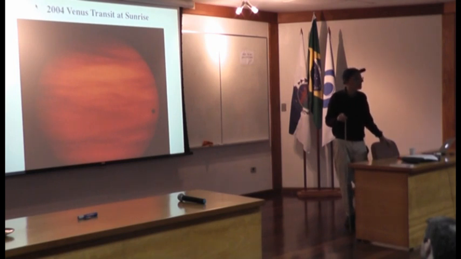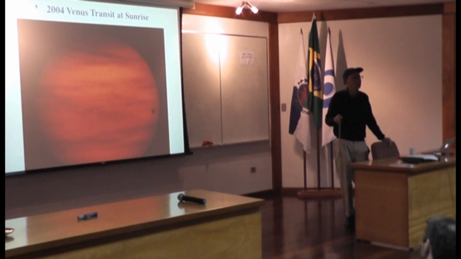Now, there are planetary transits you can see from Earth. You even see them with your naked eye, or right at sunrise or sunset, or with eclipse glasses at other times. And the right ones are the Venus ones. This is the 2004 transit. There was also another transit in 2012.